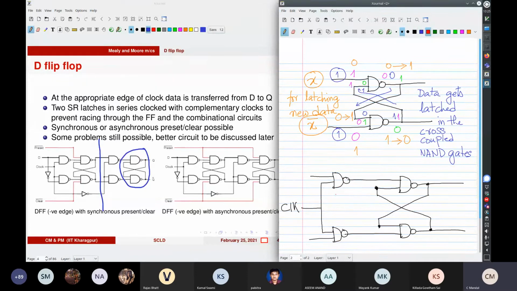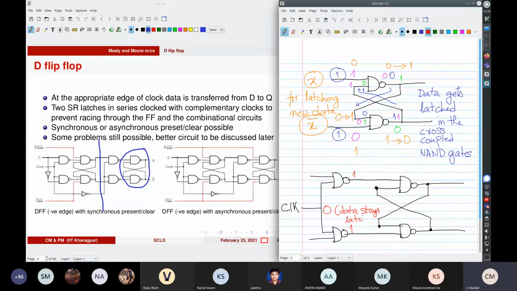So when the clock is 0, the output stays latched.